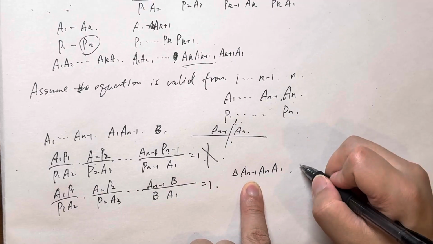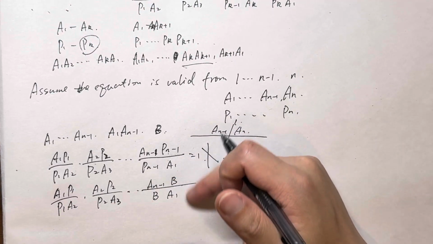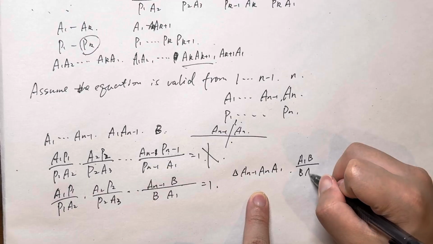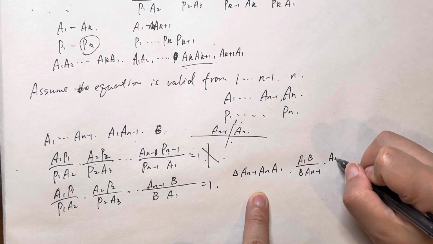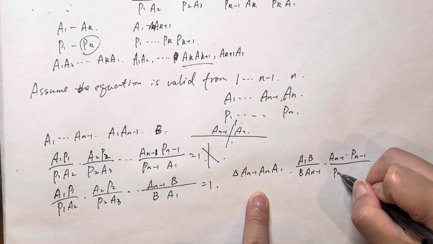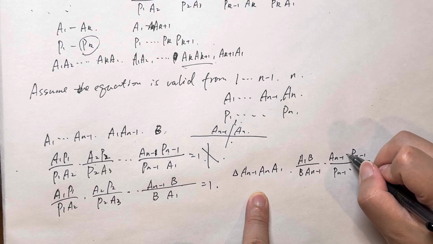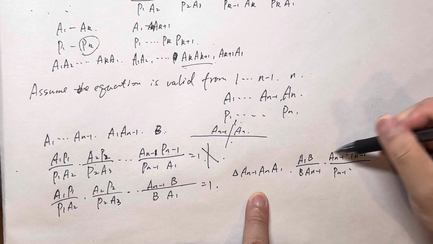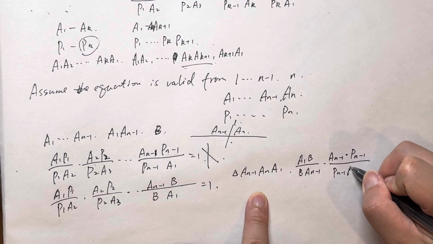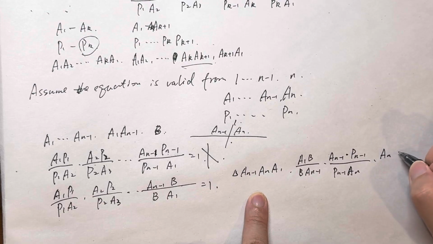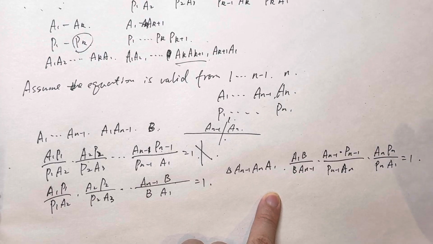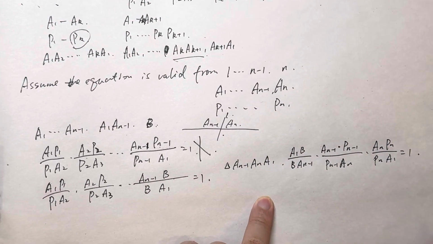Which we have, because we want to cancel this one, so we have A1 B to B An minus 1 times An minus 1 Pn minus 1 to Pn minus 1 An times An Pn to Pn A1 equals to 1, right?